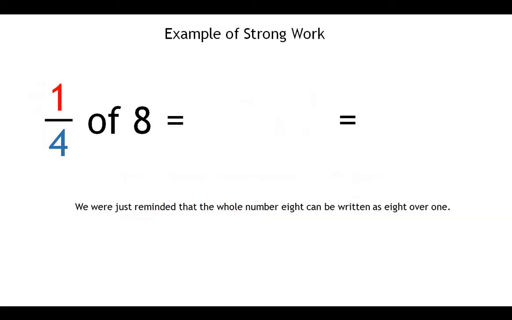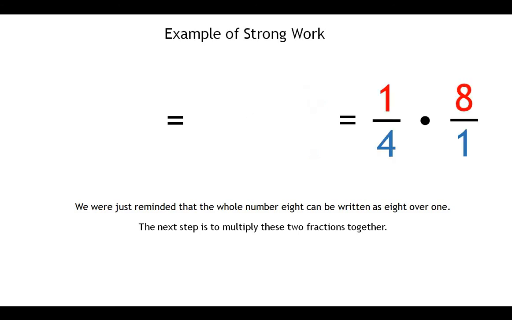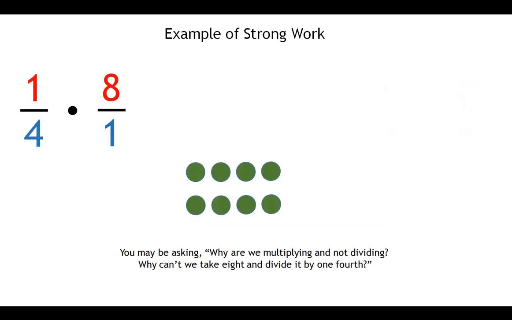We were just reminded that the whole number 8 can be written as 8 over 1. The next step is to multiply these two fractions together. You may be asking, why are we multiplying and not dividing?